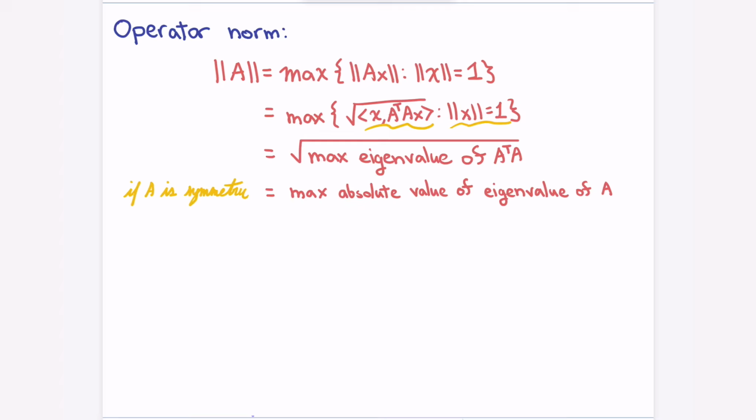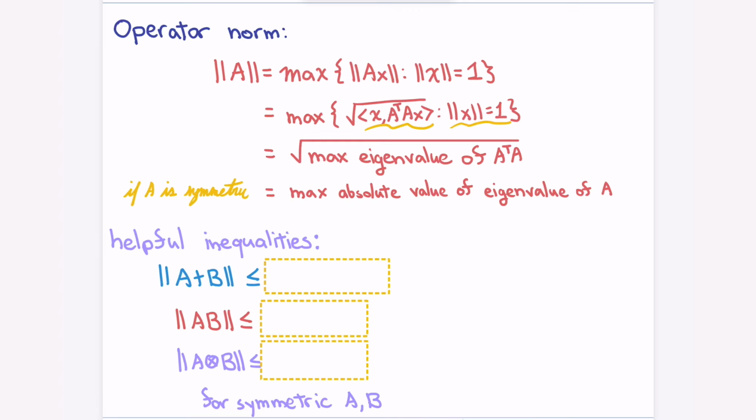It's not that exciting, but you have these inequalities that are not too hard to prove. You just go through it slowly, plug in x, and apply the triangle inequality or Cauchy-Schwarz. For example, the norm of A plus B is at most the norm of A plus the norm of B. So you have this triangle inequality, and basically it is a norm. In a math class we would prove everything slowly, but we're all friends.